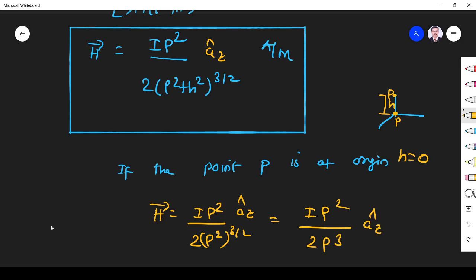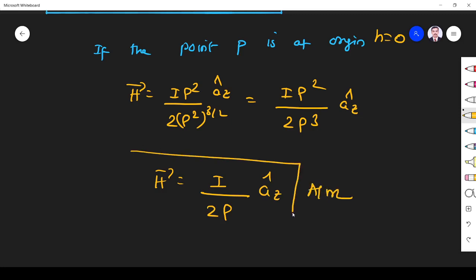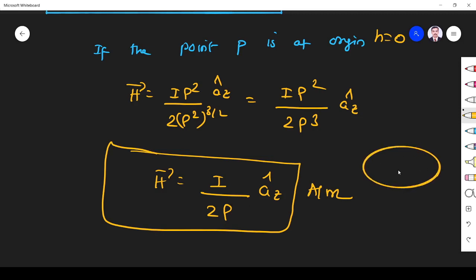That is given by H is equal to I by 2 rho A z vector, ampere per meter. This is the equation for magnetic field at the center of the disk, right? This is the disk, this is the center. If your field point is located here, this is the equation.